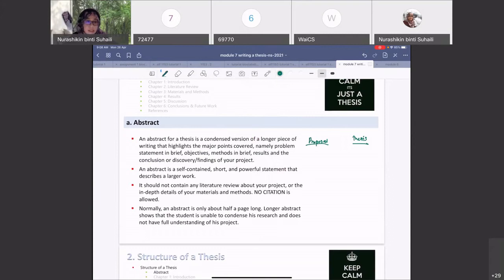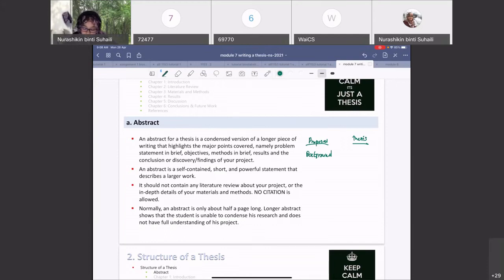You should have the section for both documents, but the content is different because in the proposal, what you should have, 1 or 2 sentences about the background. Of course, you cannot jump directly to the objective. You should mention some of the background. Let's say lipases are enzymes that are so and so. You just introduce, yeah.